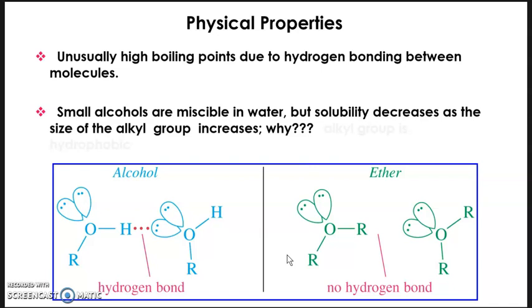For the physical properties, we have to compare with something similar in molecular weight. We are going to compare boiling point and solubility. In this diagram, you can see hydrogen bonding forming between alcohol molecules. Comparing with ether and ether, there is no hydrogen bonding, so the solubility of ether decreases.